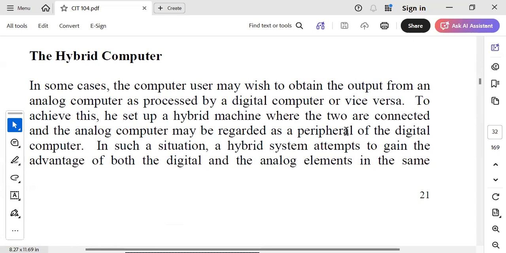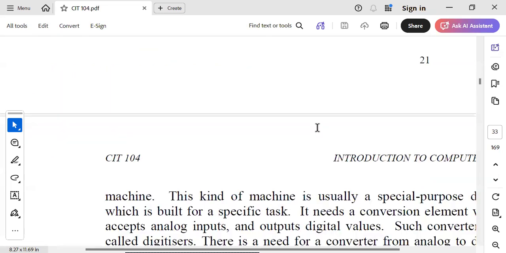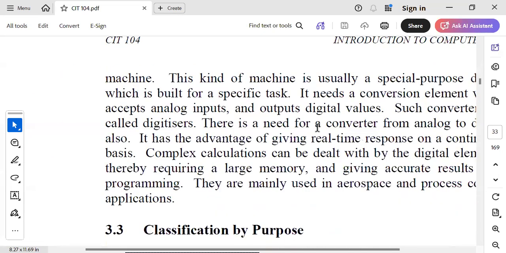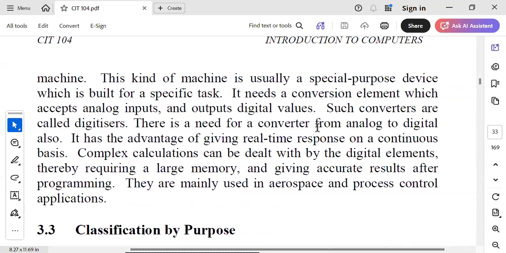In such a situation, a hybrid system attempts to gain the advantage of both the digital and the analog elements in the same machine. This kind of machine is usually a special purpose device which is built for a specific task.